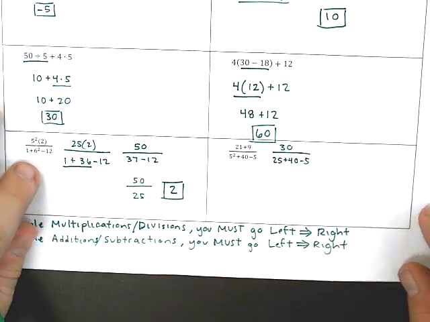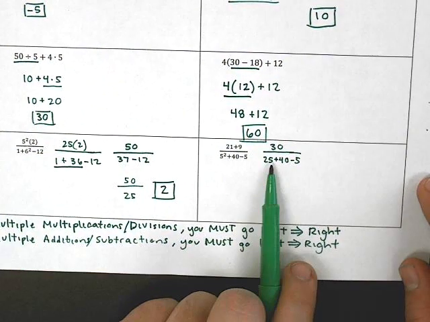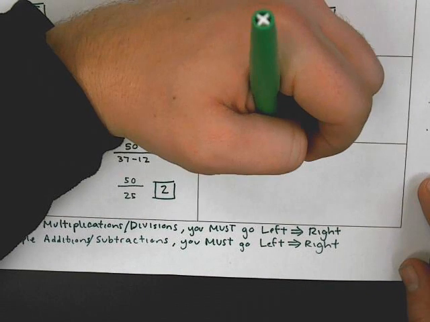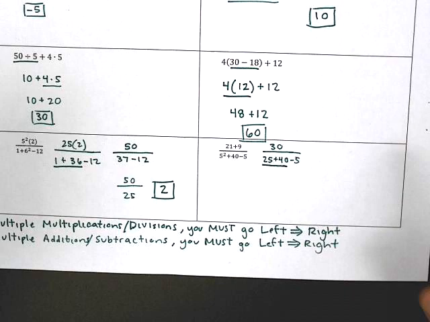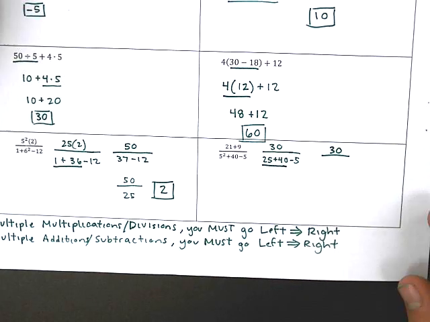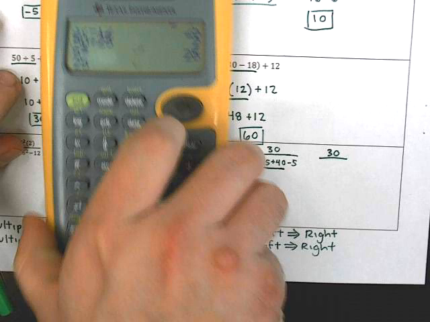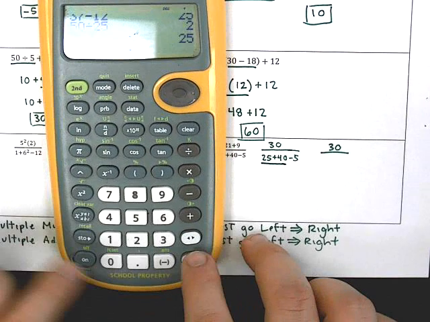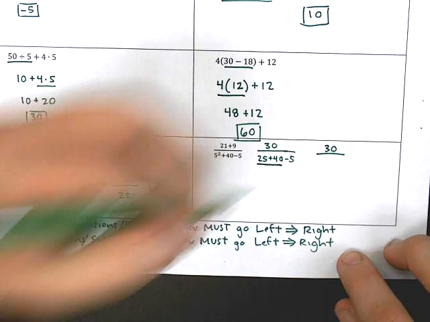Hopefully you guys are agreeing with me at this point that because I have addition and subtraction, I need to go left to right. I need to do the 25 plus 40 first. So the 30 in the top will stay. 25 plus 40 is 65.